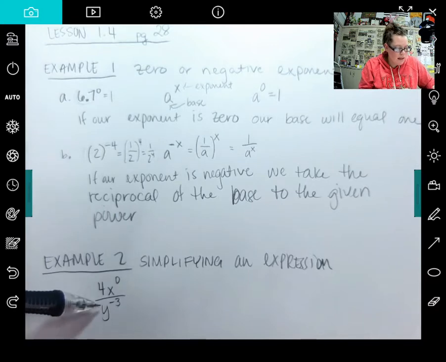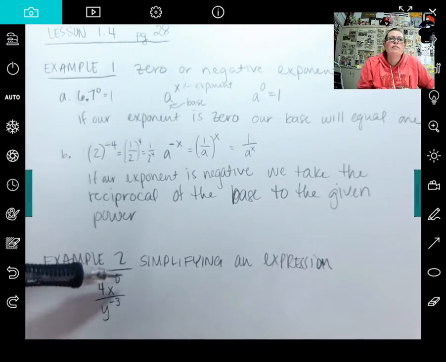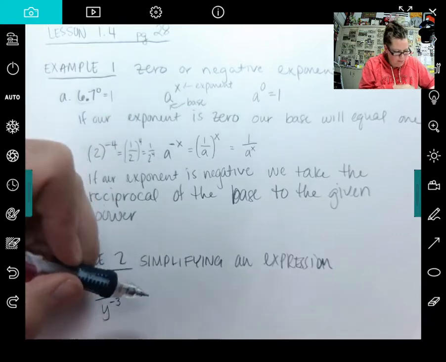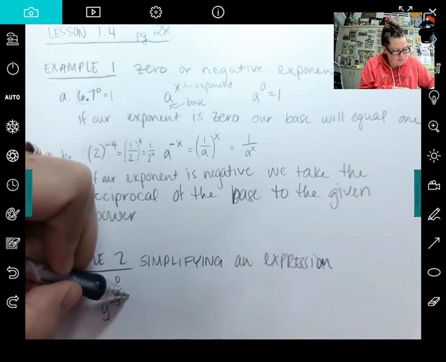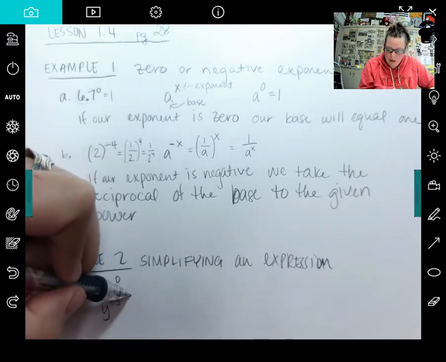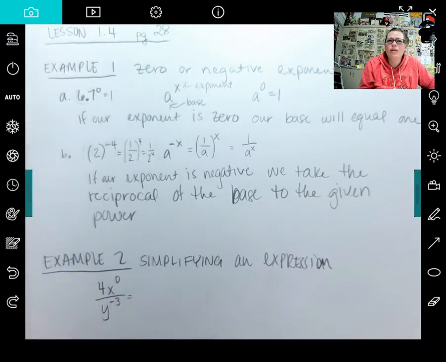So the hang up here is we have a negative exponent. If we go to simplify using only positive exponents, that means we have some work to do. I would say start by simplifying what you have on the top. Simplify one thing at a time.